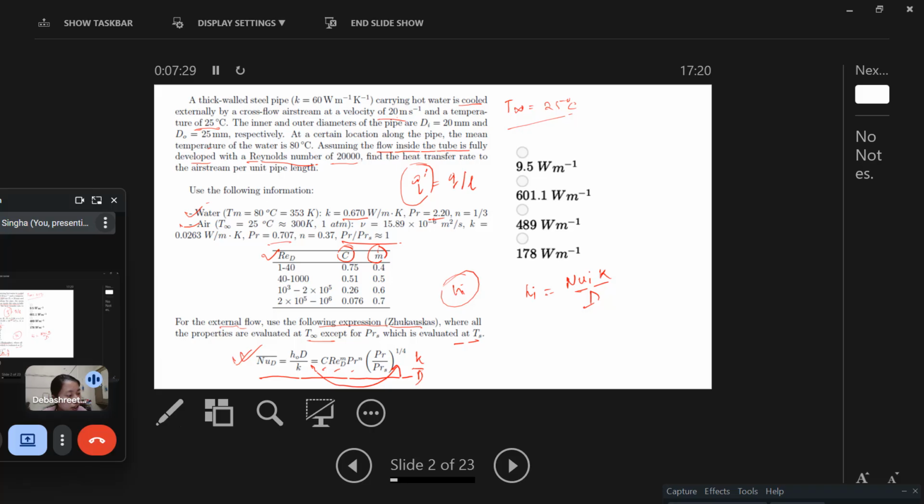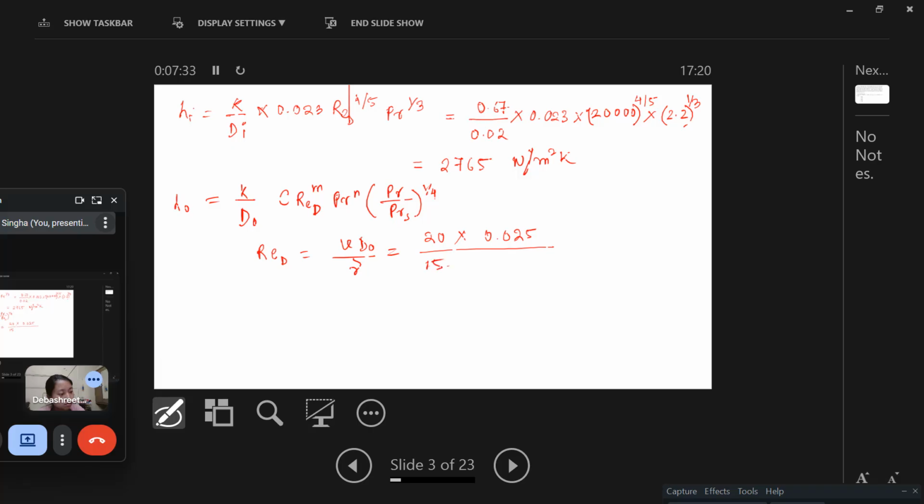Since it is outside fluid, 15.89 into 10 to the power minus 6. So how much will it come? It is almost, Reynolds number is 31466.